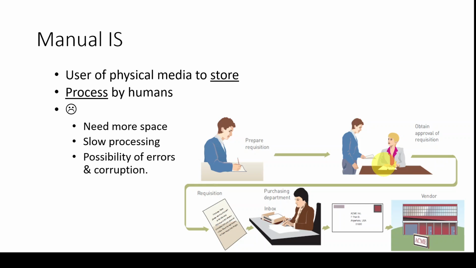For example, in a manual accounting system, we keep our information in physical books, ledgers, and journals. And the people do the calculations: debiting, crediting, summing to find the balance, carrying forward the balance, etc. So that is the nature of a manual information system. Or maybe students' information is kept manually.